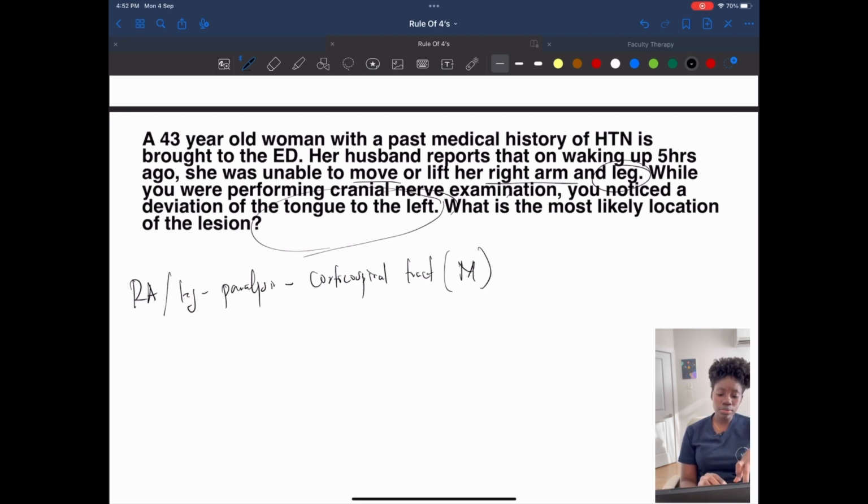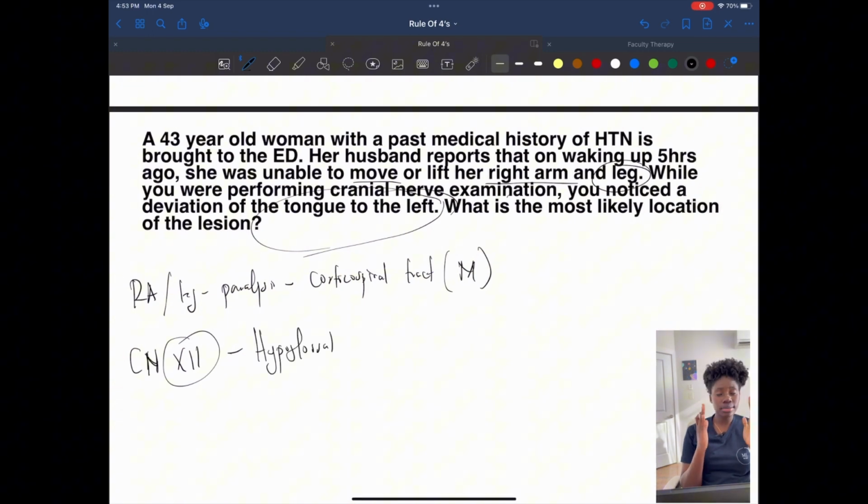You notice the deviation of tongue to the left. So the tongue deviation is a deficit of cranial nerve 12. All right. This is hypoglossal nerve. Cranial nerve 12, hypoglossal, is what keeps tongue technically midline.